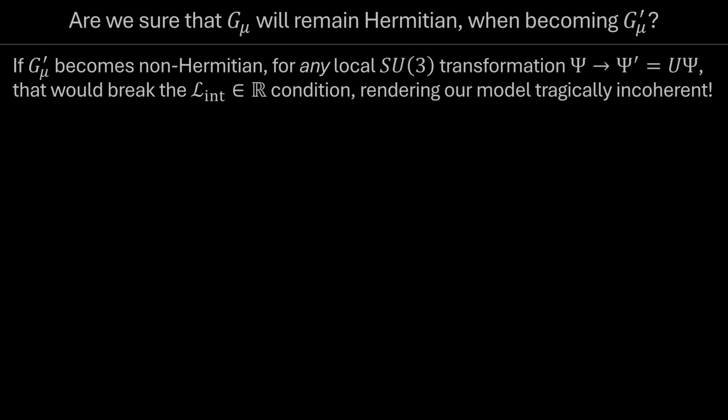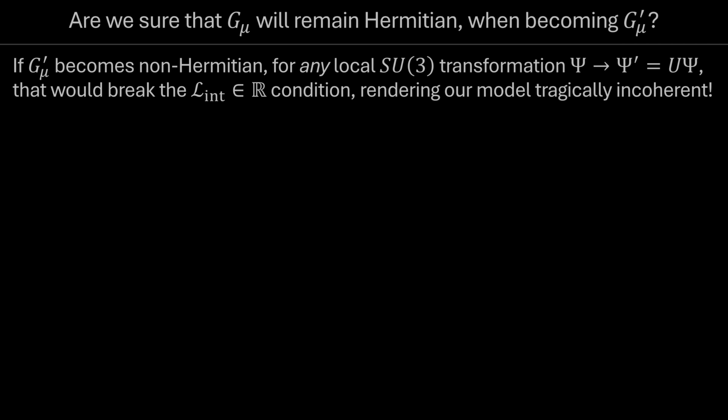Okay, so now that we know that the spacetime components of our gauge field G mu have to be Hermitian matrices in order to ensure that the interaction term in our Lagrangian is real valued, there's a potential problem that might arise, and so we have to make sure that it doesn't arise. So the thing is, if the components of our gauge field are Hermitian, are we sure that under any local SU3 transformation, when G mu becomes G mu prime in the new gauge, is it going to remain Hermitian?